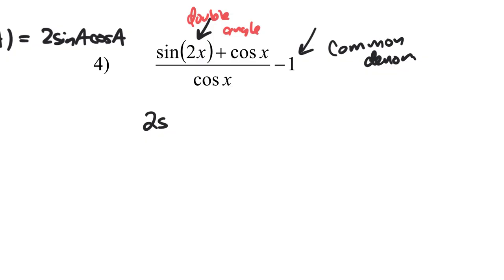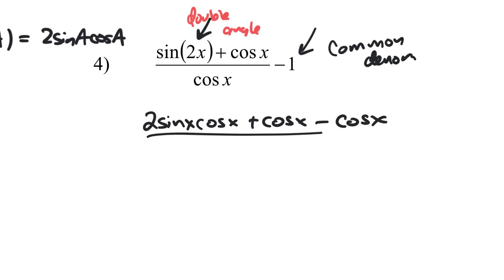So I'm going to write this as 2 sine x cosine x plus cosine x. Well, the common denominator of 1 is going to be cosine x, so minus cosine x all over cosine x. And now I can see there's going to be some simplifying here.